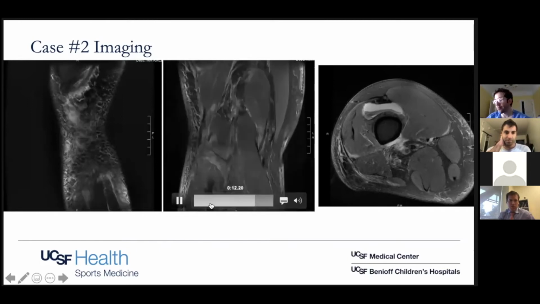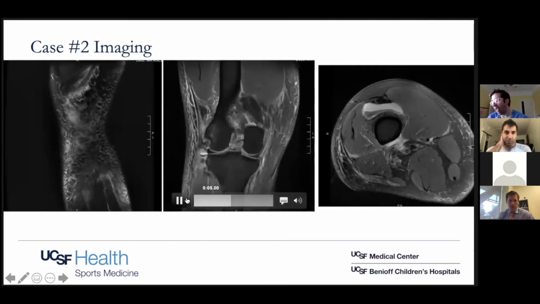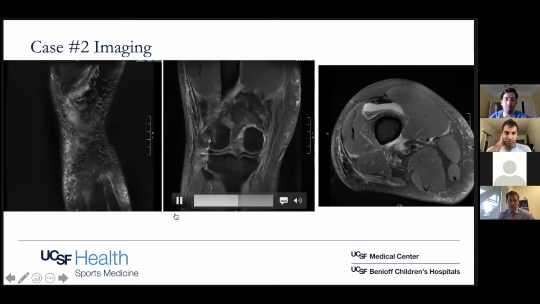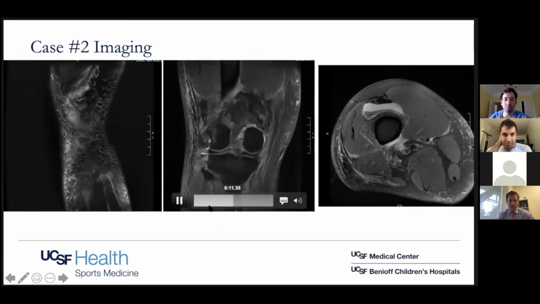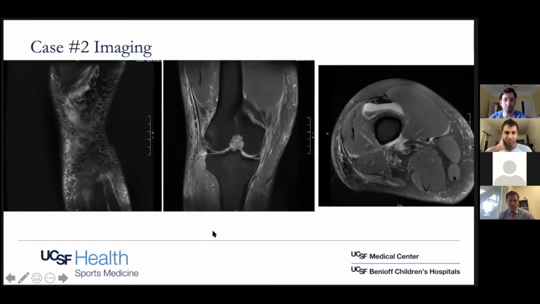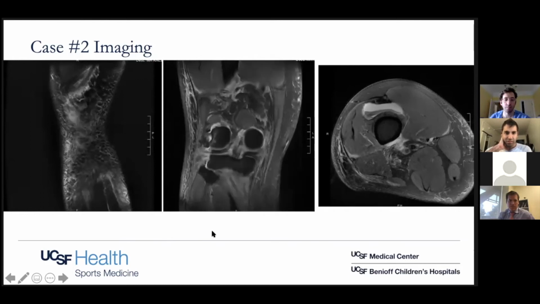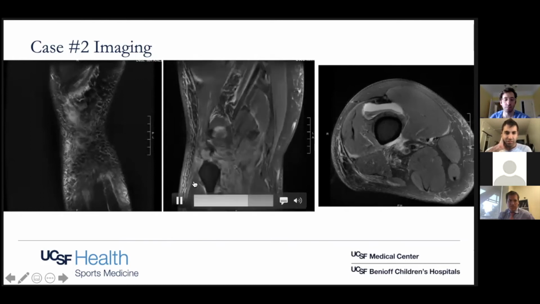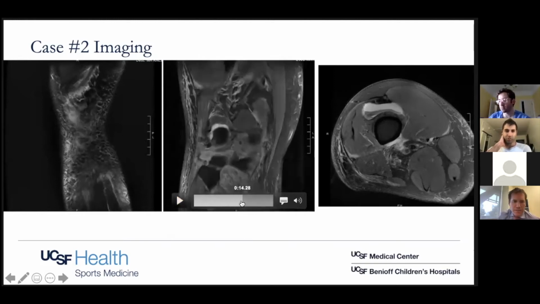So what do you see through here? So yeah, just in the notch, the ACL is torn. On the lateral side, it's possibly an LCL injury. It's hard to, yeah. Just coming back, there's certainly like a posterolateral corner injury.